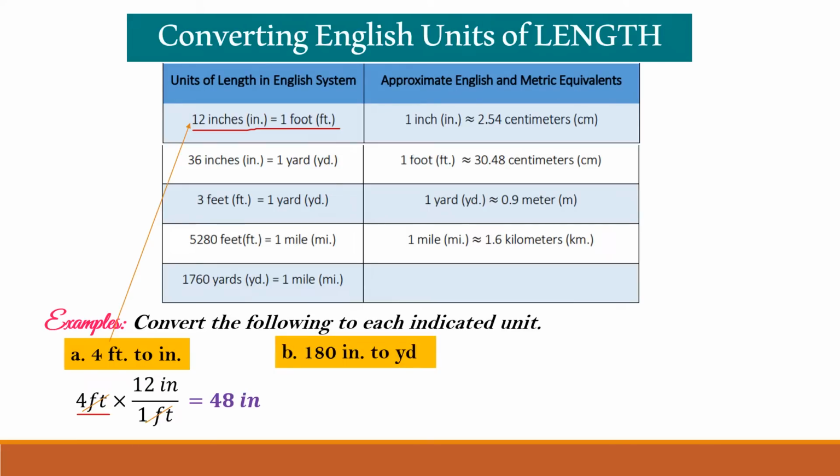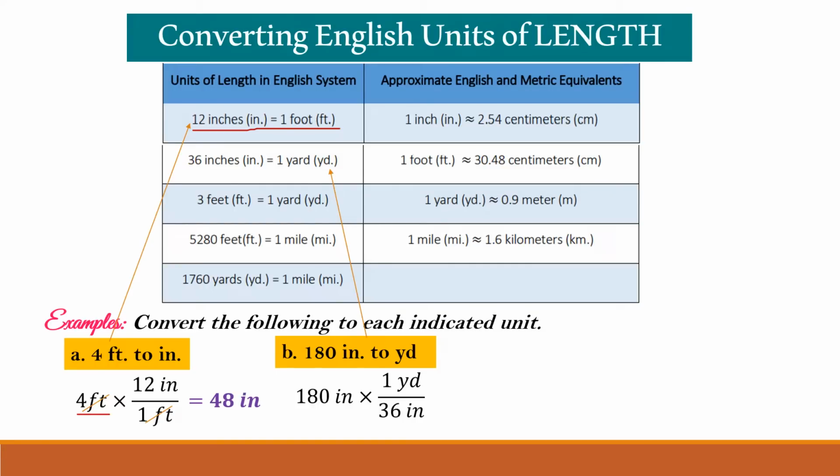For example B, we are going to convert 180 inches to yards. Again, let us look at our table if we have a conversion for inch to yard. And we have there the conversion, 1 yard is equal to 36 inches.